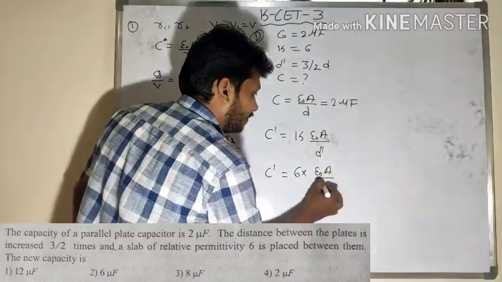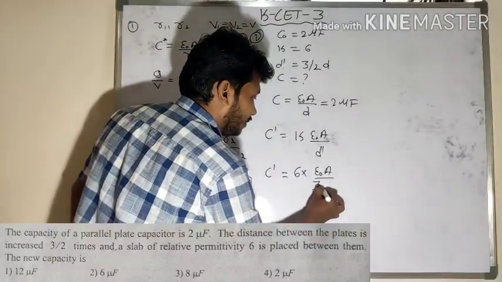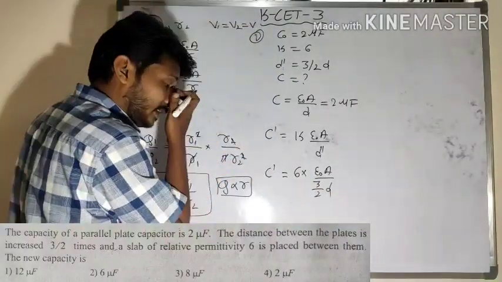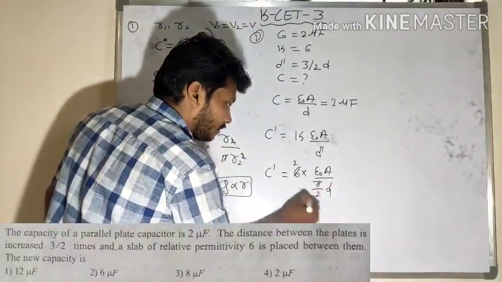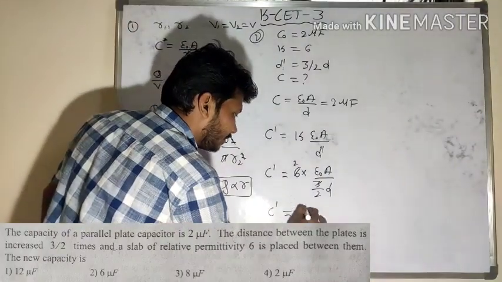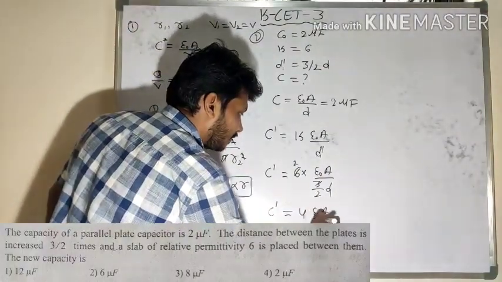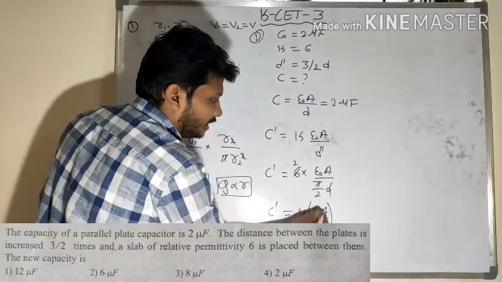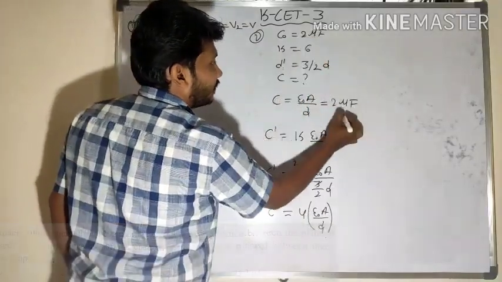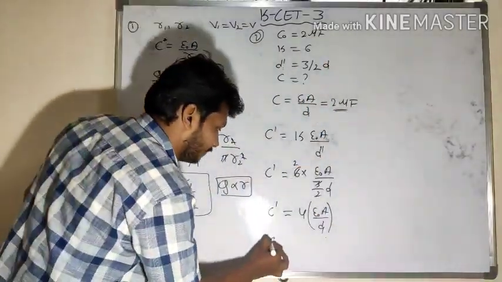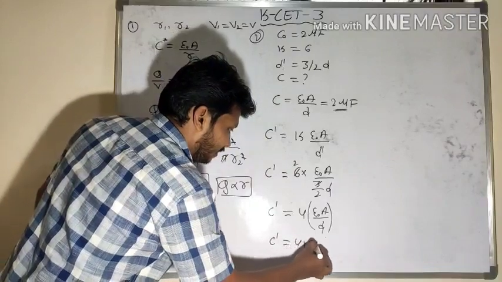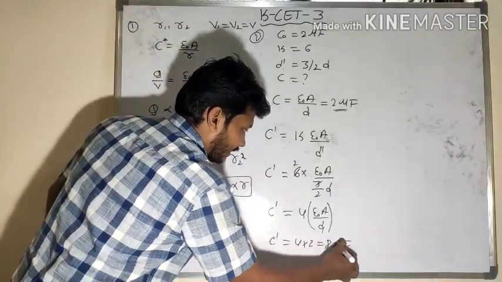Epsilon naught A divided by d dash, where d dash is 3 by 2 times d. So C dash is equal to 4 epsilon naught A divided by d. Epsilon naught A divided by d is the value they mentioned, 2 microfarad. So C dash is equivalent to 8 microfarad.